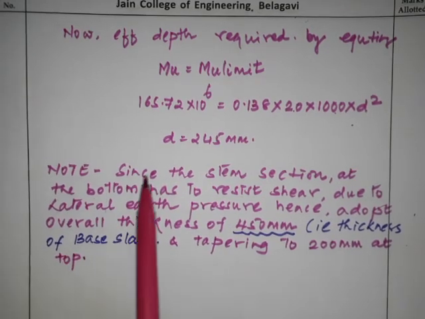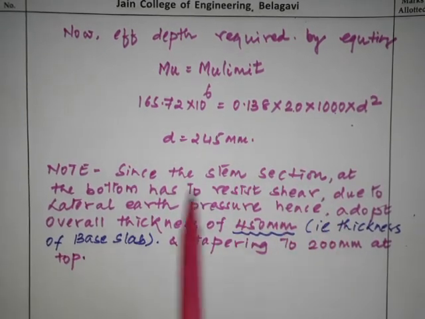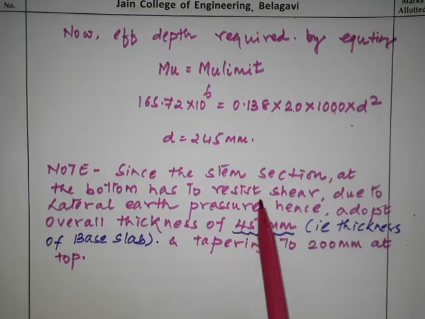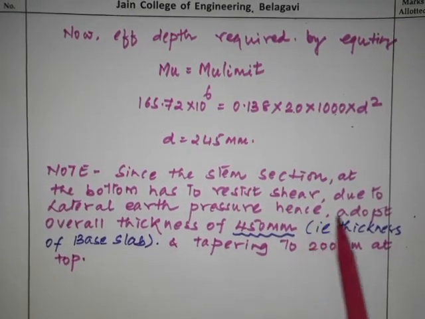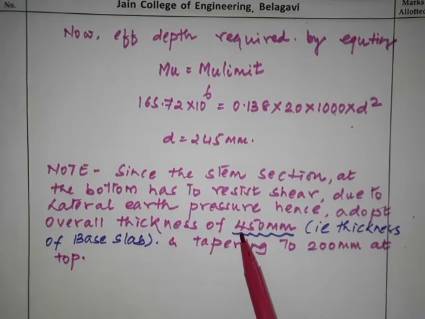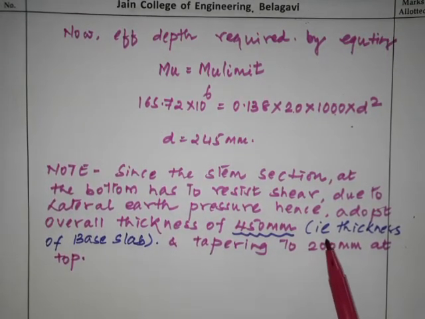So what is given: since the stem section at the bottom has to resist the shear due to the lateral earth pressure, hence adopt overall thickness of 450 mm. Means how to adopt the overall thickness of 450 mm? You directly assume it similar to the thickness of base slab.